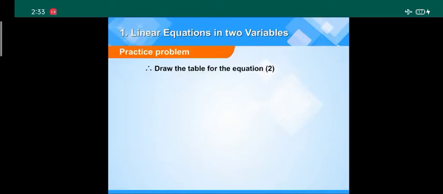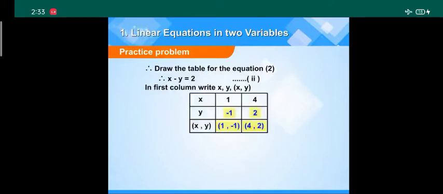Therefore, draw the table for equation 2, that is, x minus y is equal to 2. In the first column, write x, y, and xy. By taking x is equal to 1, substitute the value in equation 2. 1 minus y is equal to 2.